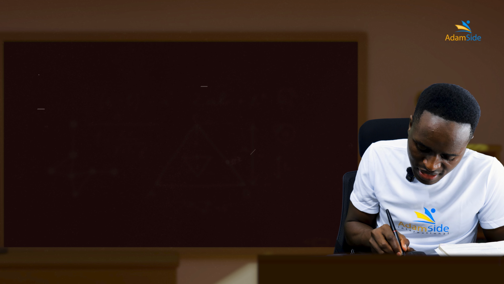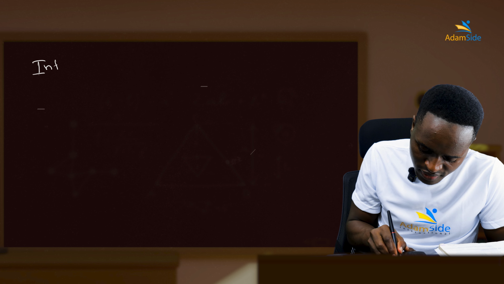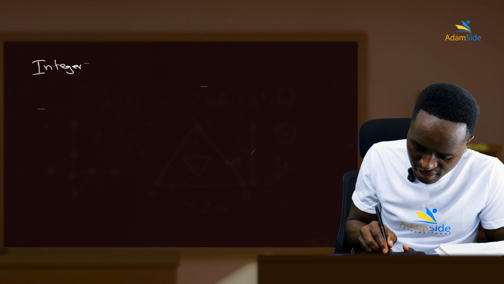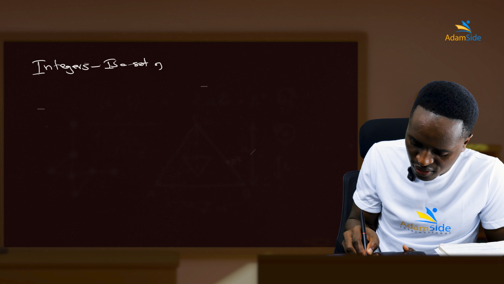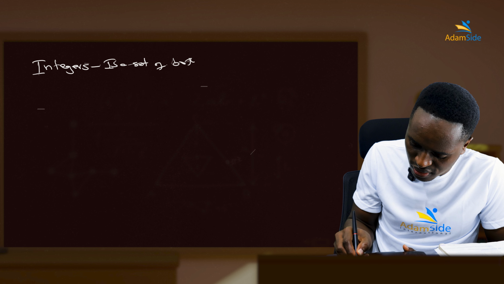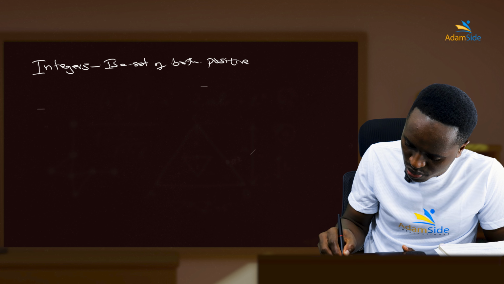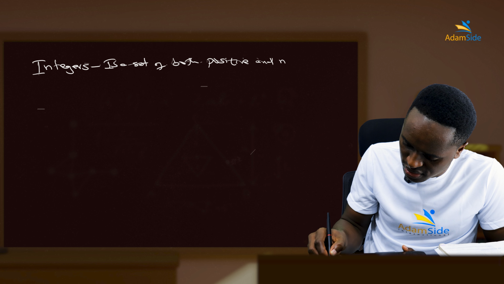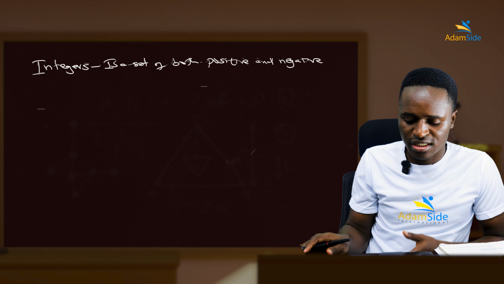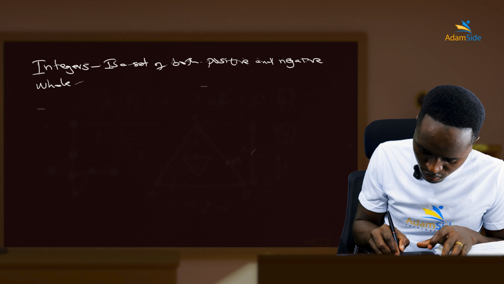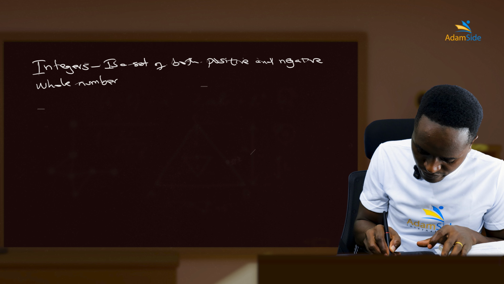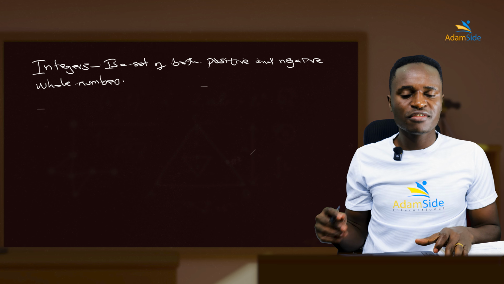So we say an integer, or integers, is a set of both positive and negative whole numbers.